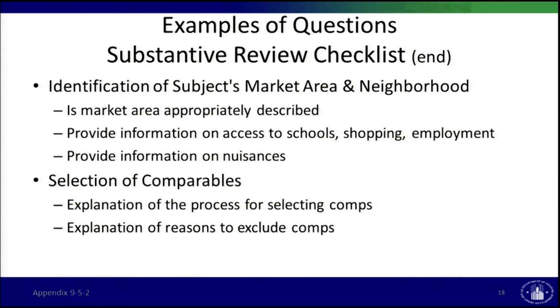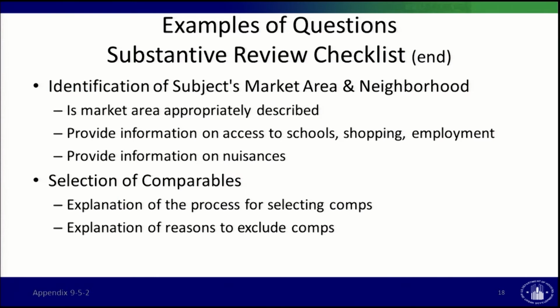Some of the other questions that you must consider are those dealing with the subject's market area and the neighborhood. Did the appraiser describe the market area appropriately? And did he or she provide information on access to schools, shopping, employment, and note any nuisances?